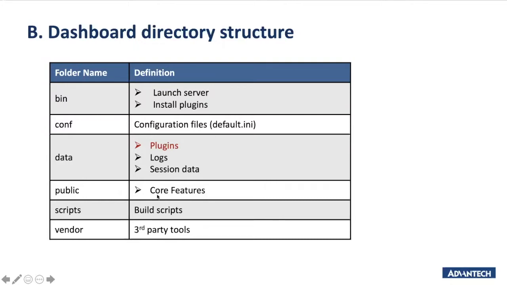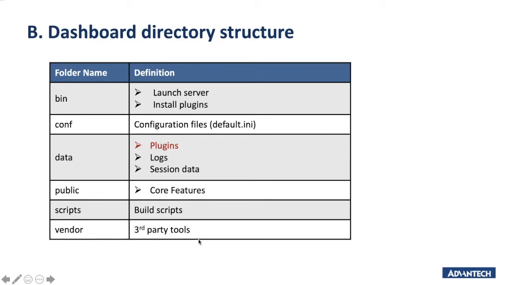And most of the time, we're gonna be working with the plugins folder, where we install and modify our plugin source code. And in the public folder, it basically has all the core features or core functions of the dashboard. And the scripts folder contains all the build scripts to build the entire project for the Grafana source code. And in the vendor folder, we have the third-party tools.